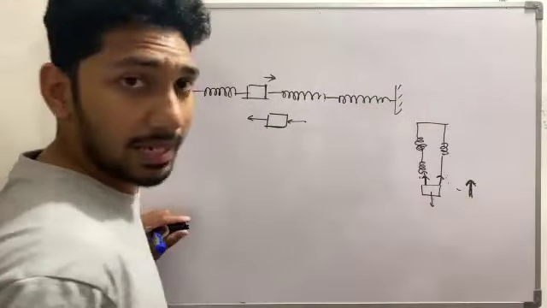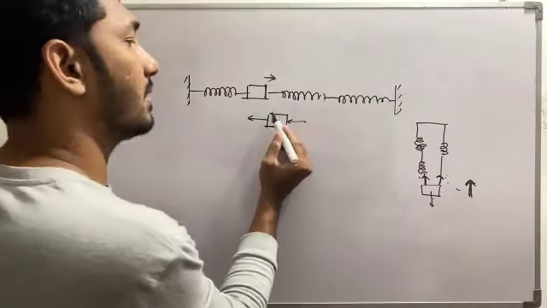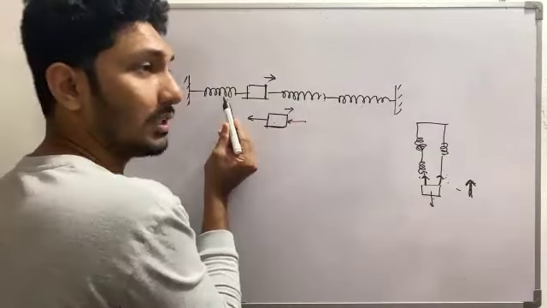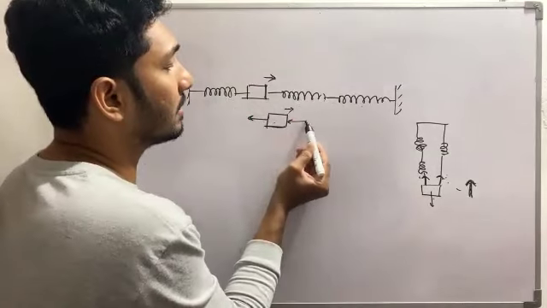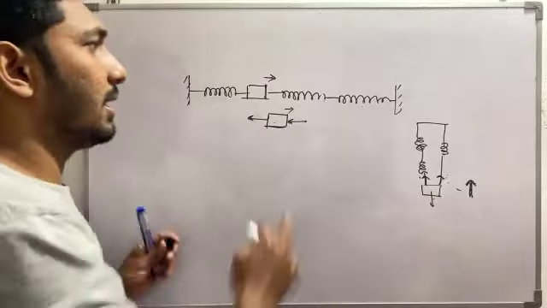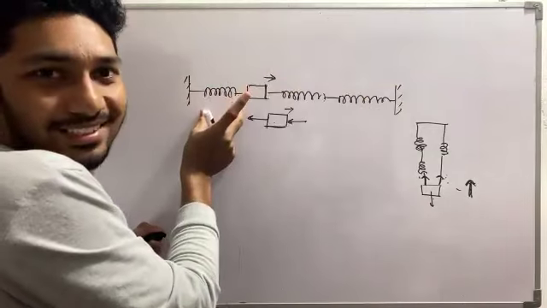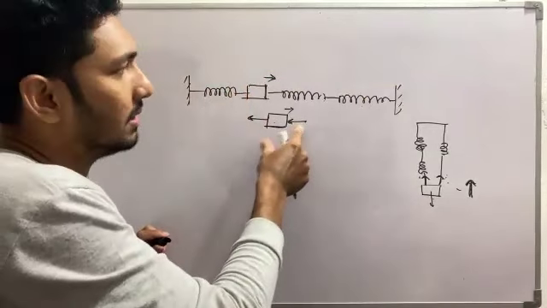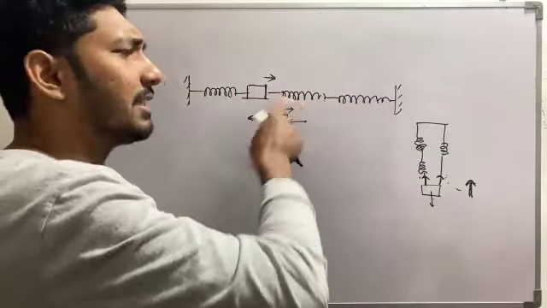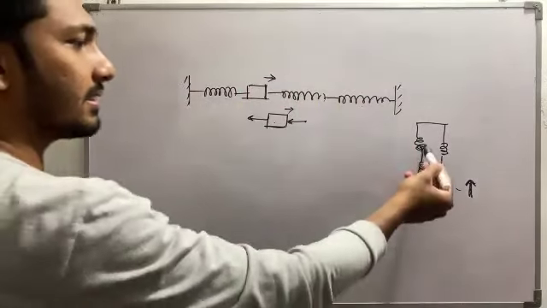That's what you call a parallel connection. This is also a parallel connection because when you move it to this side, these two will be compressed and this will be stretched, but it produces the force in the same direction. So it is like a parallel connection. But these two are in series. These two are parallel to this, because you're adding this and this, not this and this. Those will have the same tension all along. So this is a serial connection.